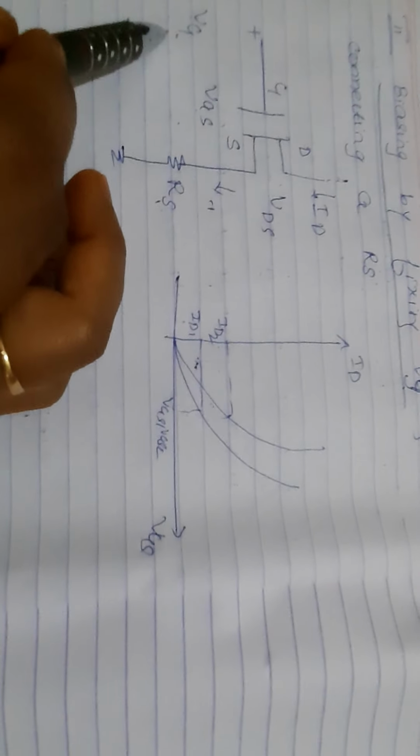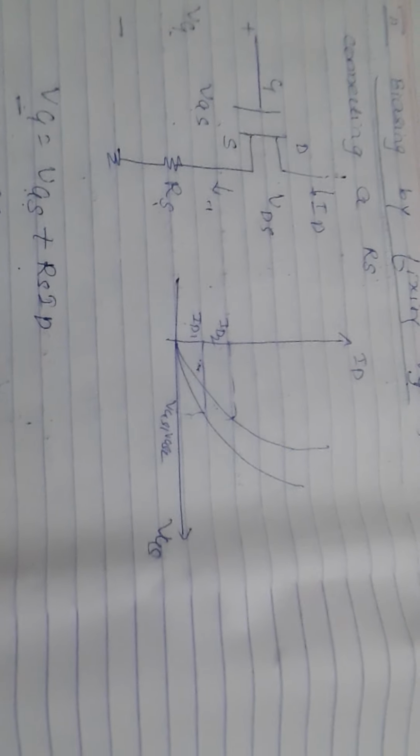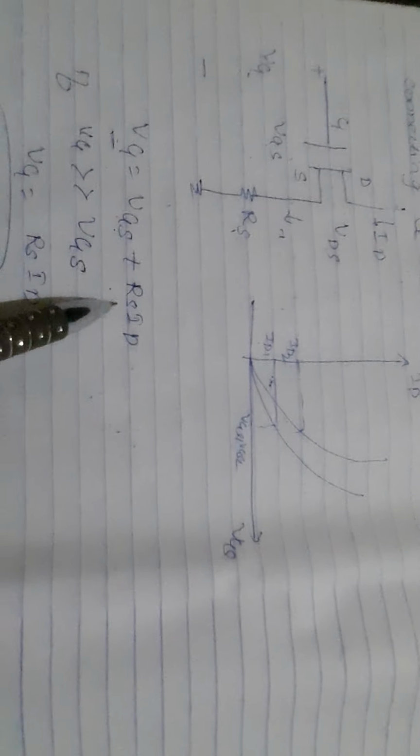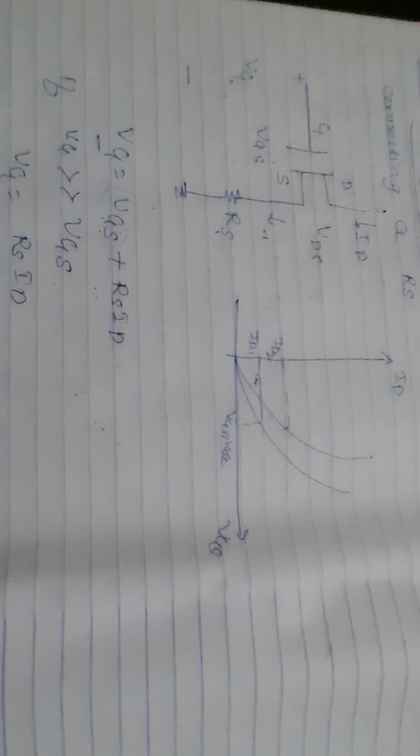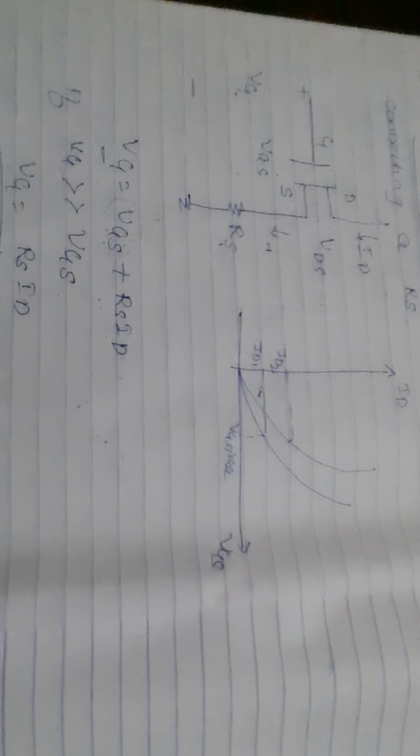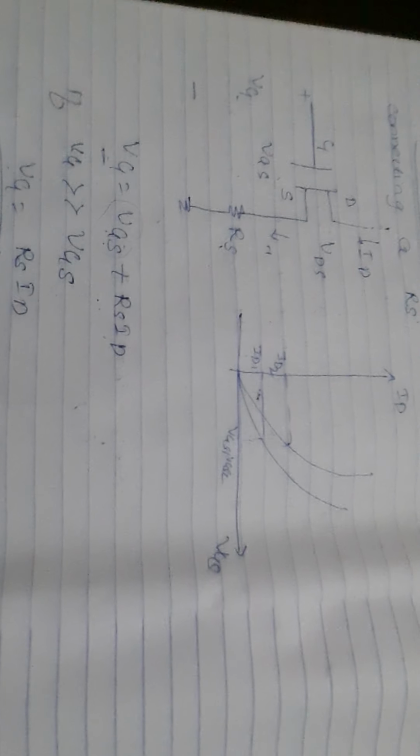VG is given by the formula VGS plus VDS, or it is ID into RS. Now if this is very, very small, then I'll get VG equals RS into ID, or ID is VG by RS, if this is a very large value.